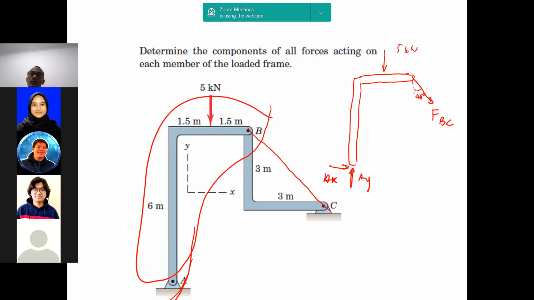Okay, if you look at this, Amadia, how many unknowns do we have? 3 unknowns, and we have 3 equations as well. So we can solve this, right?